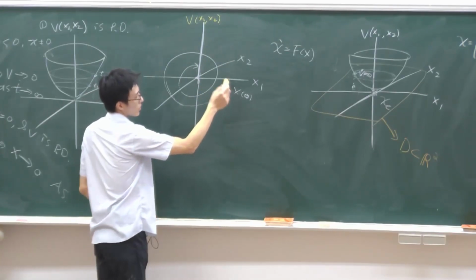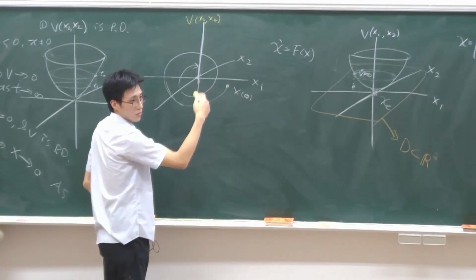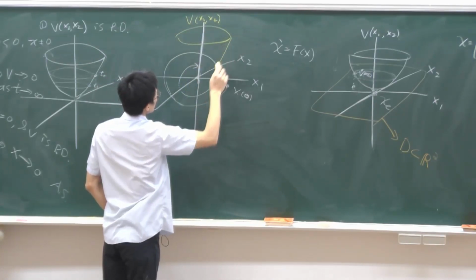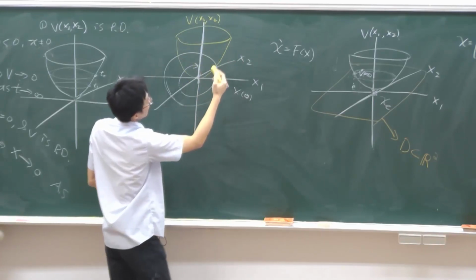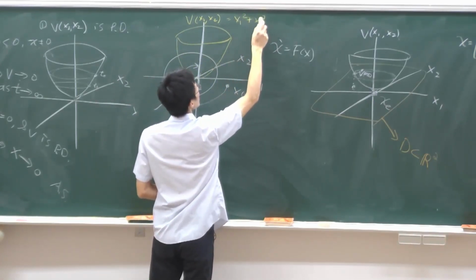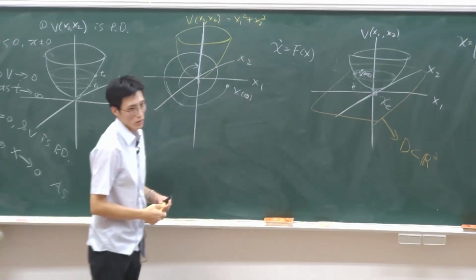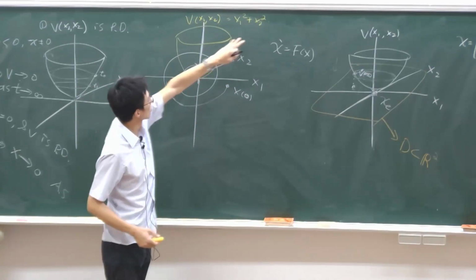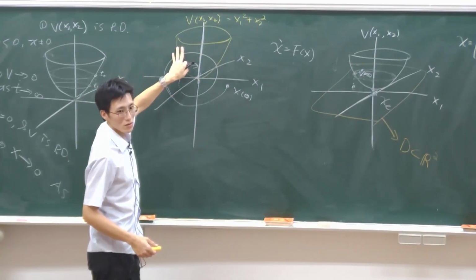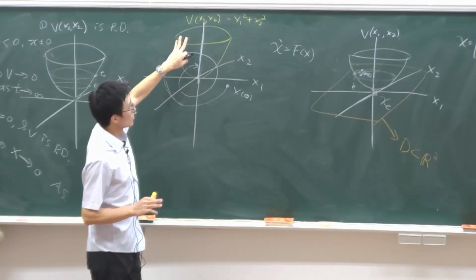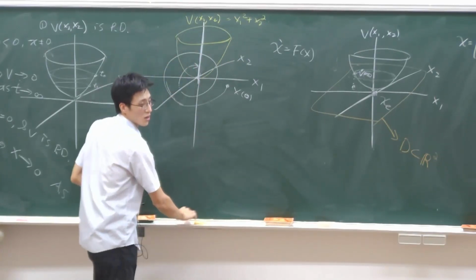And each point on the x1, x2 plane has a mapping, right? If you define this function, you can choose the function. For example, x1 squared plus x2 squared, or whatever is positive definite, right? For x1 squared plus x2 squared, it's this kind of shape. Everything in yellow is virtual.